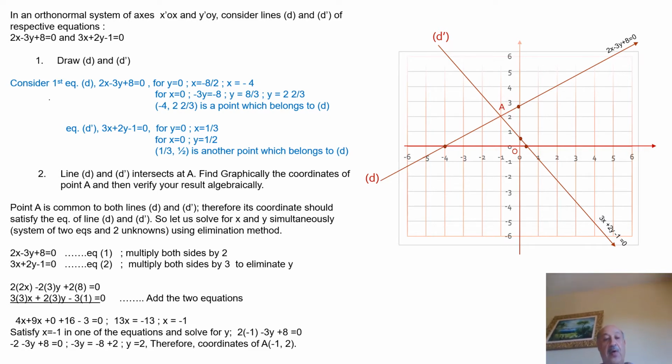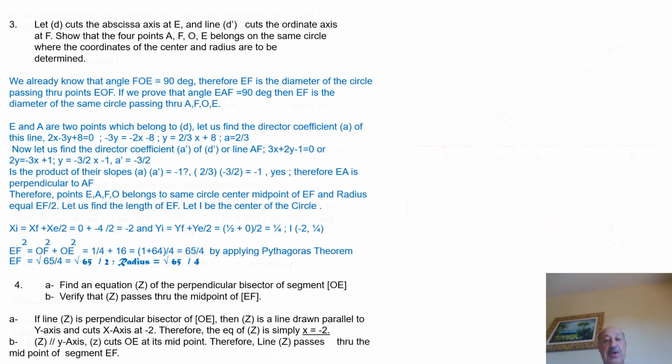Now let's continue with question number 3. Let D cut the abscissa axis at E and line D prime cut the ordinate axis at F. Let's show this on the graph.